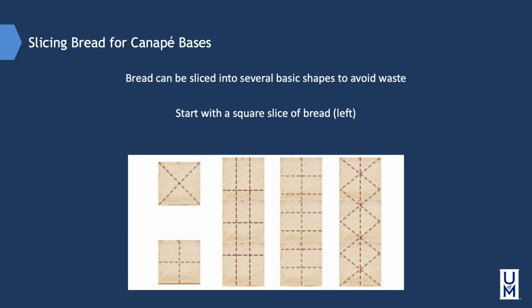When slicing bread for canapés, you want to start with a slice that's cut into several shapes to avoid any waste. Always start with a square slice of bread. In this case, this is a nice square piece that's had the crust cut off of it. The long pieces here are actually 3 pieces side by side, and you can see how they can be cut to maximize its utilization.